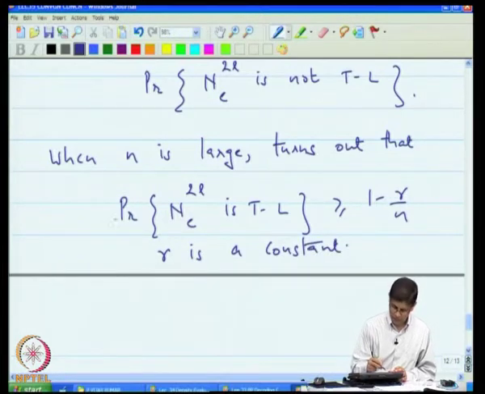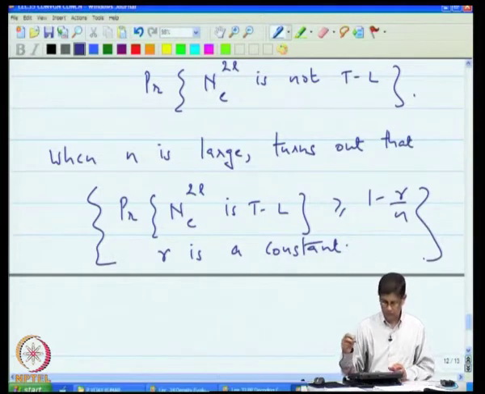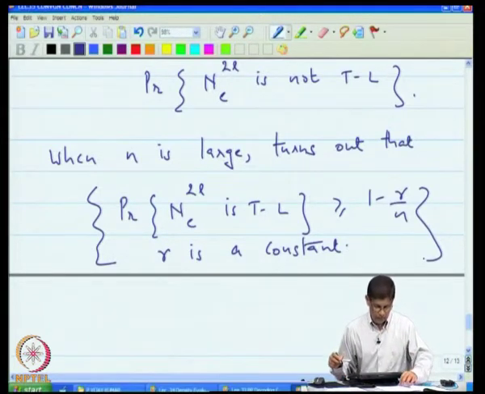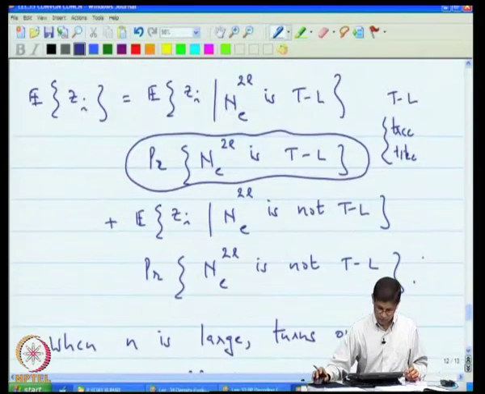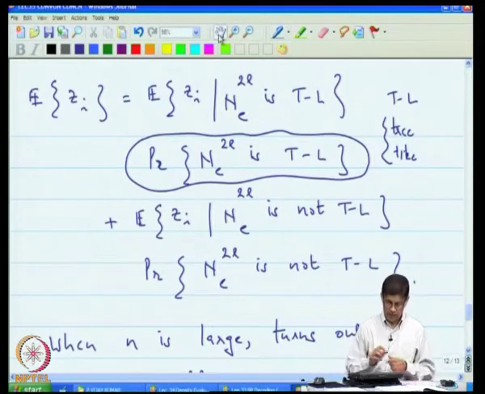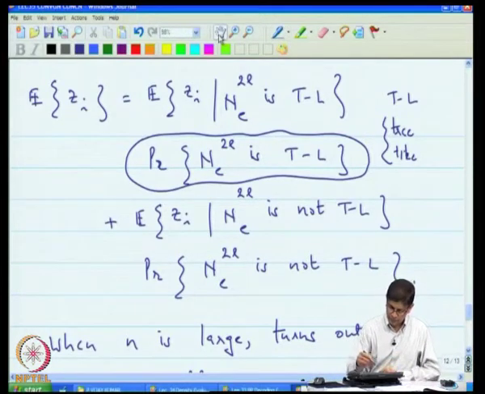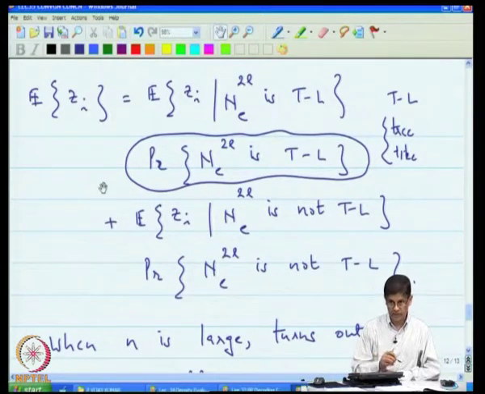Okay. So what that means is in this expression here, we know, of course, this being a probability is upper bounded by 1, but we also now have a lower bound that it is greater than or equal to 1 minus gamma by n.